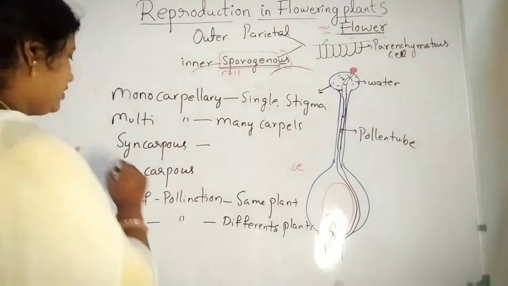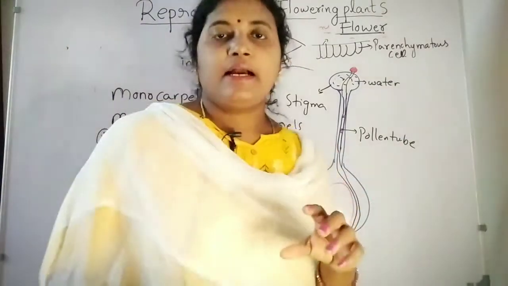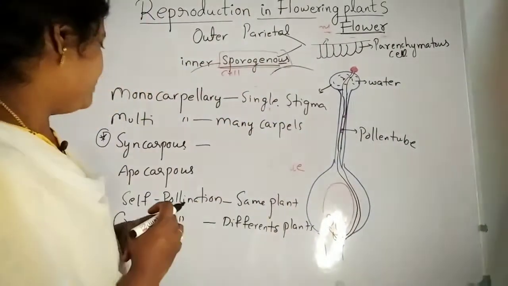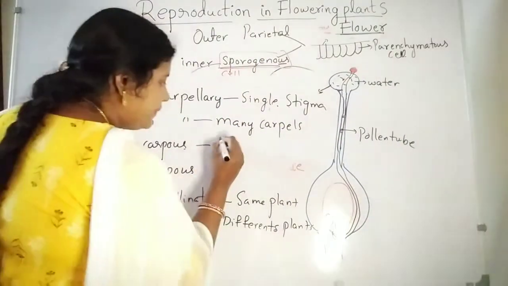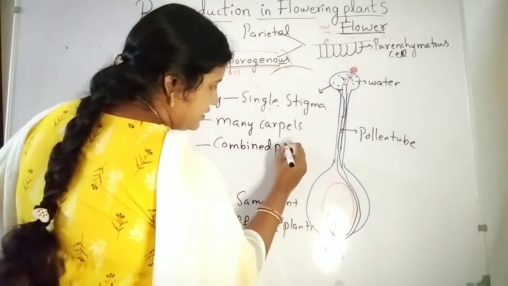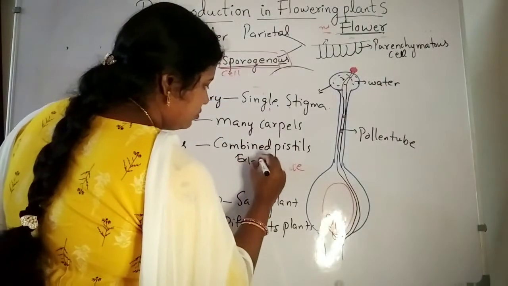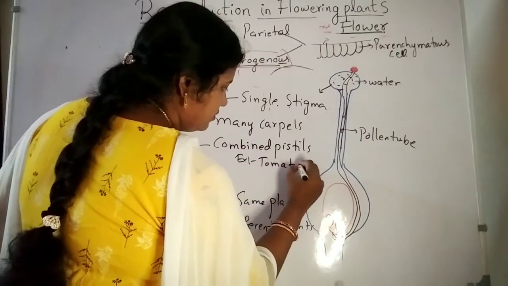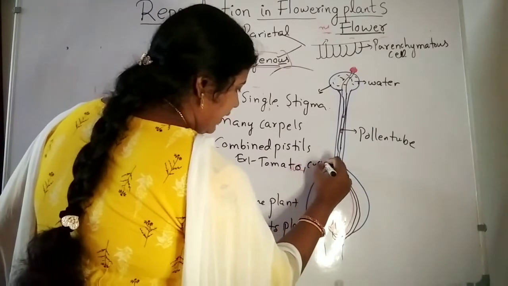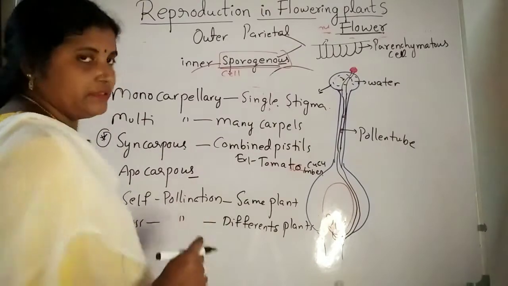Syncarpous, a very important point and very important short answer. Syncarpous means combined pistil. It contains the combined pistil. Write the examples also. Example, tomato, cucumber. Okay. Next, apocarpous.